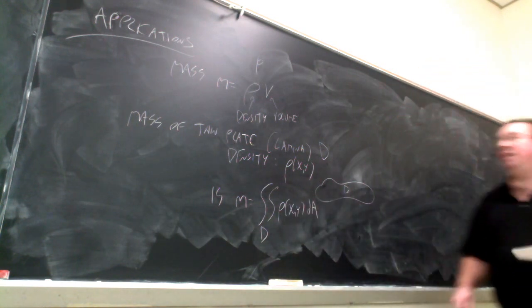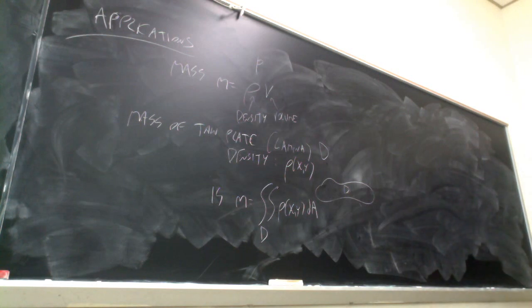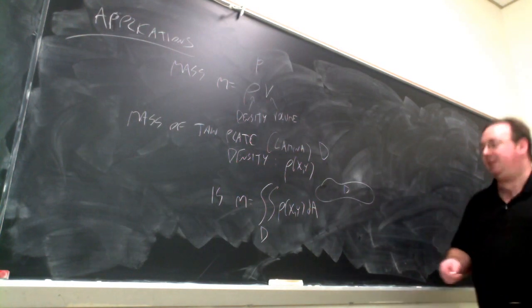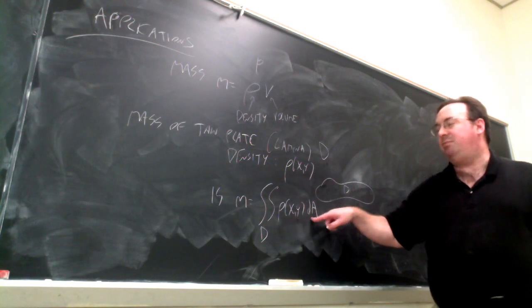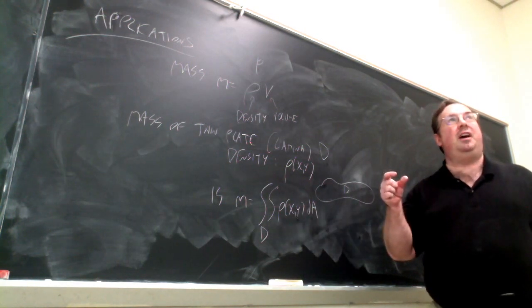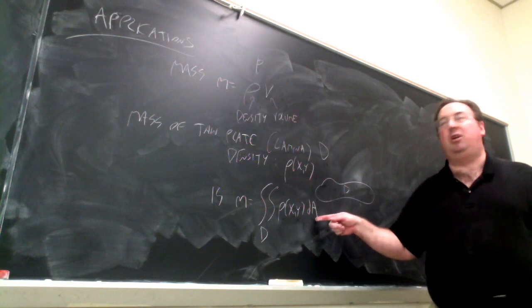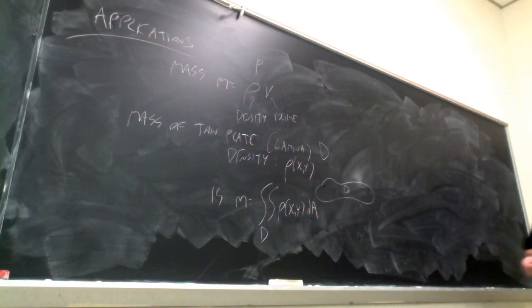Just as mass is density times volume, the integral of density over a region is going to give you the mass. Because you can think of this as multiplying a density by little bits of area. So this is playing the role of volume for a two-dimensional shape.